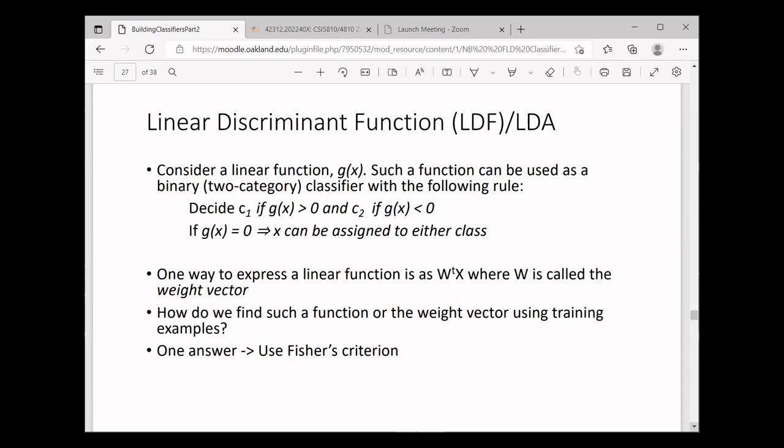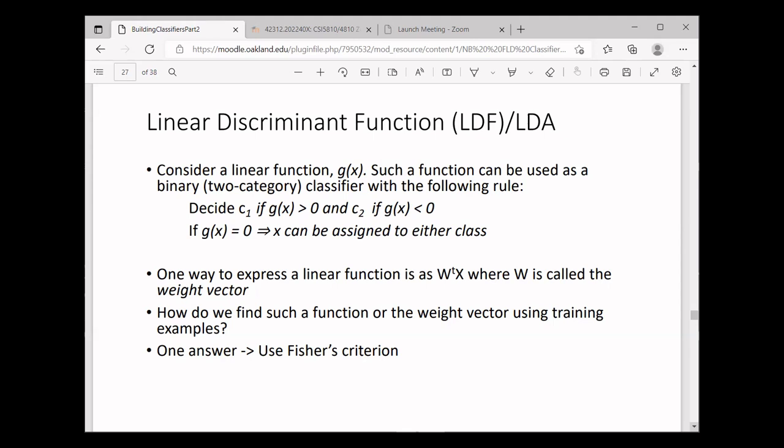Suppose we have a function g(x) which is a linear function, and this function has a property that if we evaluate it for a vector x, and x happens to come from class C1, the function produces a value which is positive.